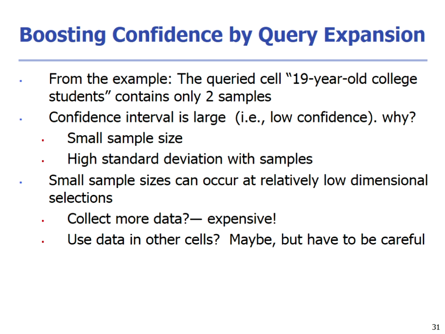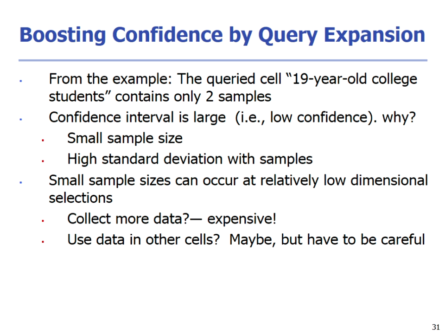So for OLAP, the problem of the samples can be resolved by query expansion. For example, the queried cell, 90-year-old college student, contains only 2 samples. So the confidence interval is large. Why?